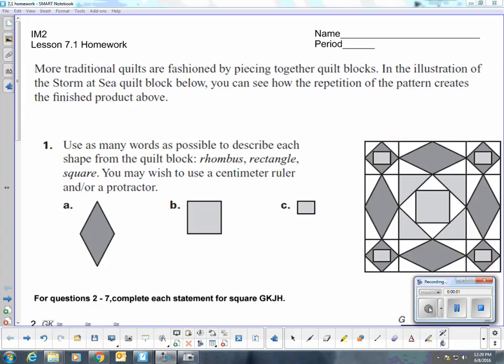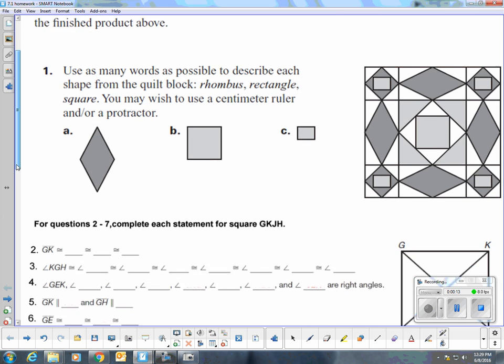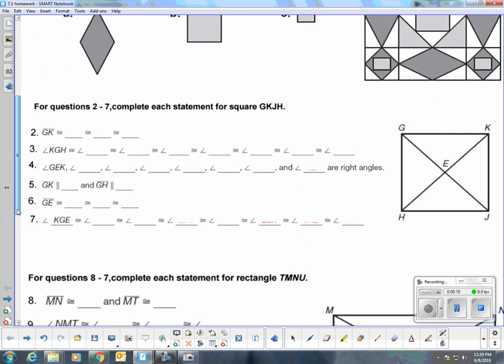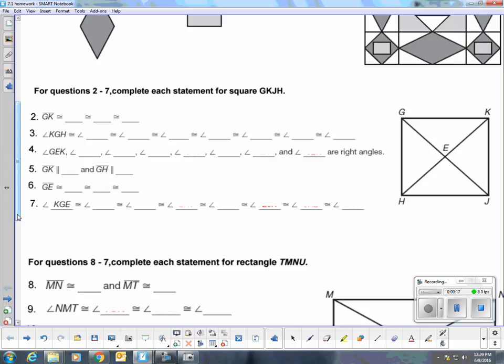Lesson 7.1, we are specifically looking at a special type of parallelogram, a square, and a rectangle. So question number 2 is about the square GKJH.